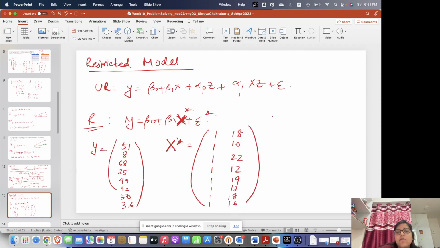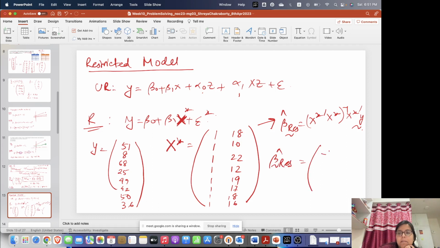Okay. So from this model we would get beta hat restricted as x star transpose x star inverse x star transpose y. Using this formulation, we would have beta hat restricted as minus 36.06 and 4.678.